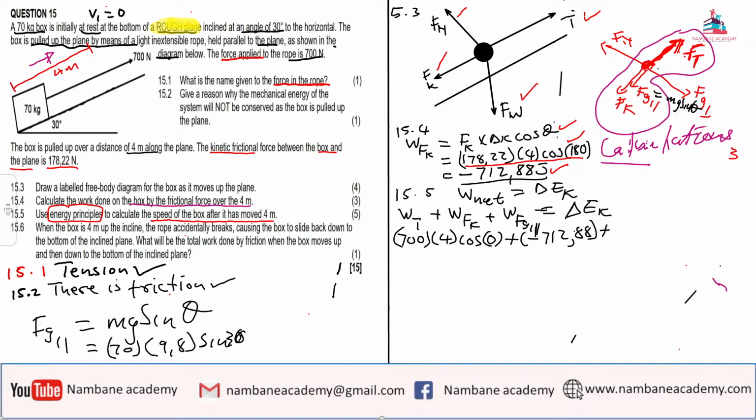Once you put everything into one space, it gets complicated and confusing, so it is always better to have a system to use. So it's 70 multiplied by 9.8 multiplied by sine of 30, and this gives us something like 343 newtons.